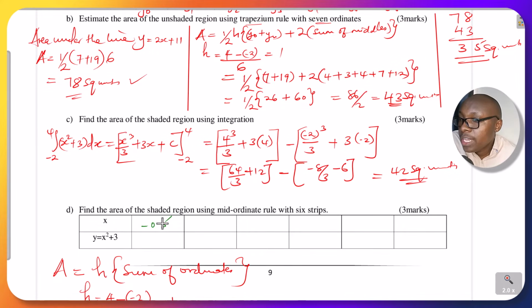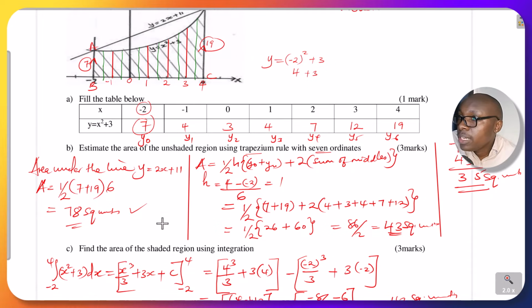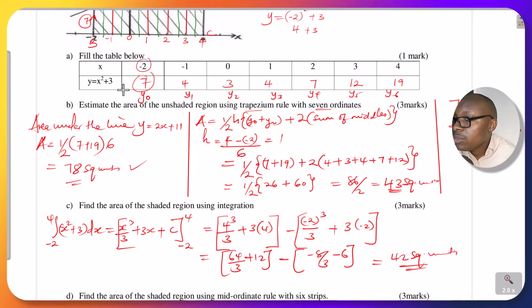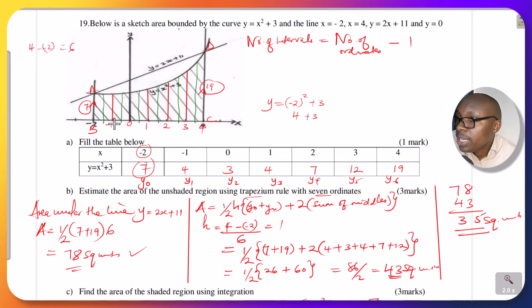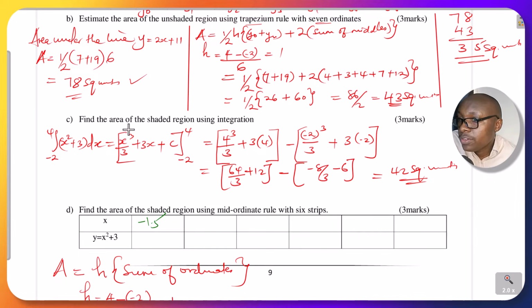Then the next one from negative 1 to 0, the midpoint there is negative 0.5.